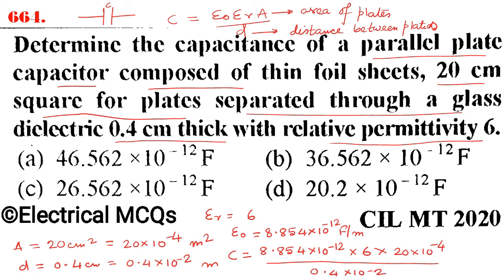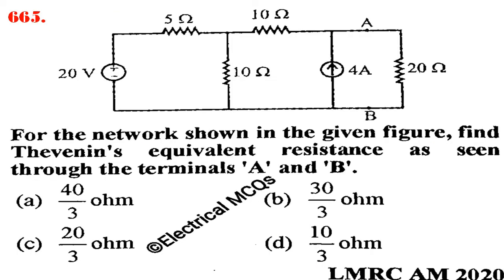After calculation, we will get 26.562 microfarad. That means 26.562 into 10 to the power minus 12 farad. So option C here will be our correct answer. Now we will go for the last question, that is question number 665. Basically the question means the last question for today.